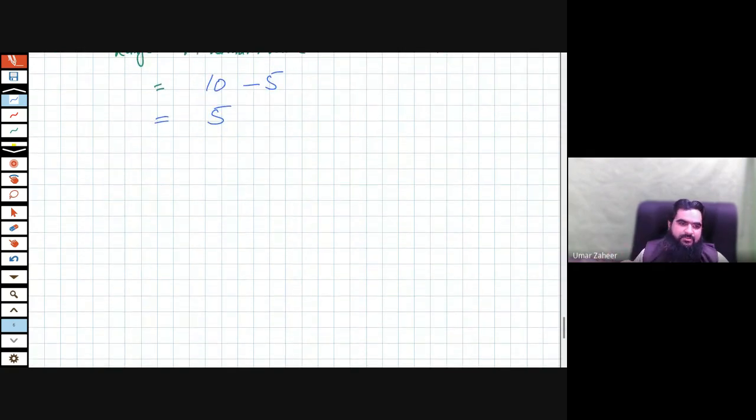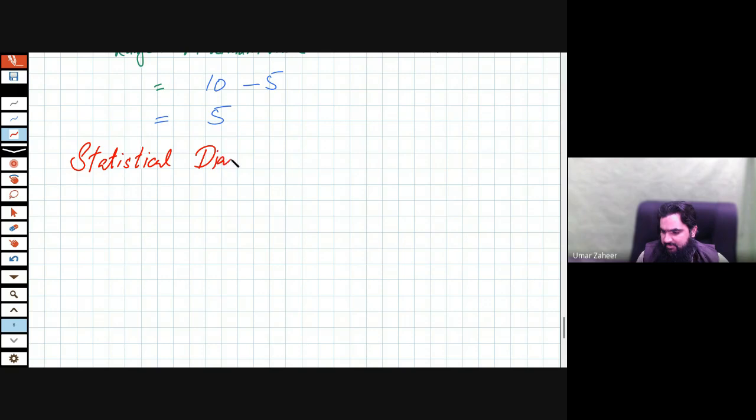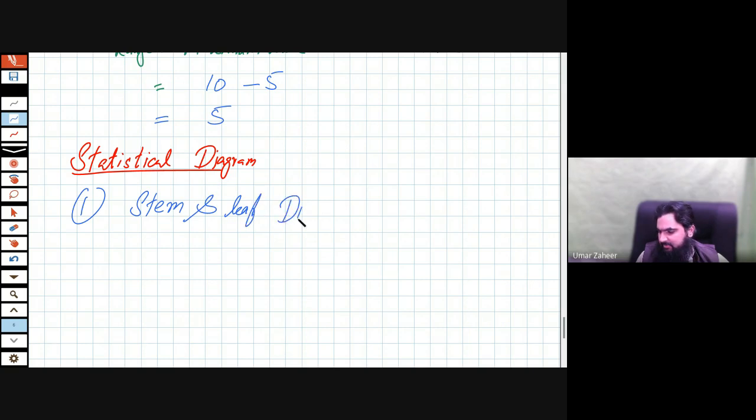So these are the very basic concepts of statistics that we are going to use to make diagrams. We are going to use mean, mode, and median. We are going to do some statistical diagrams. Obviously, we'll do it in the next class. The first one is the stem and leaf diagram.